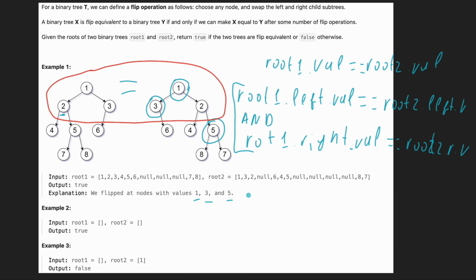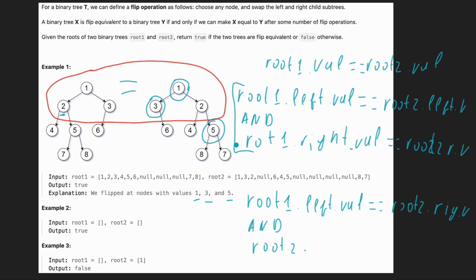So root 1 left value should be equal, as in our case, to whatever is in the root 2 right value. And root 1 right value, which means that the 3 should be equal to the root 2 left value.